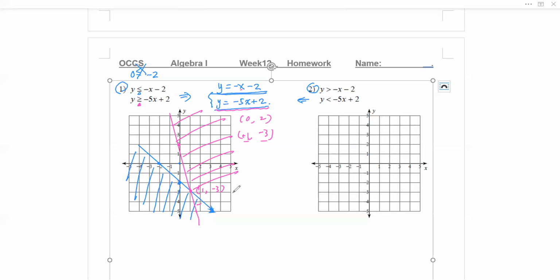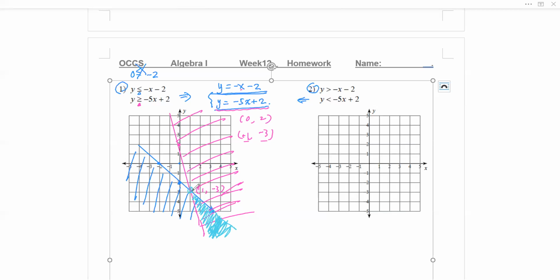So what's the overlap area? Let me use another color. The overlap area is actually this part, right?